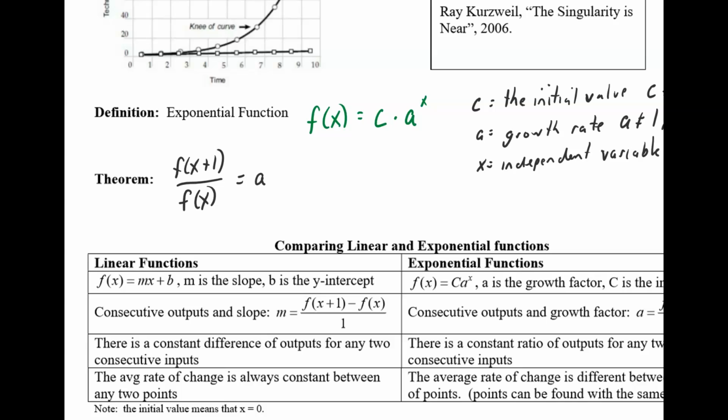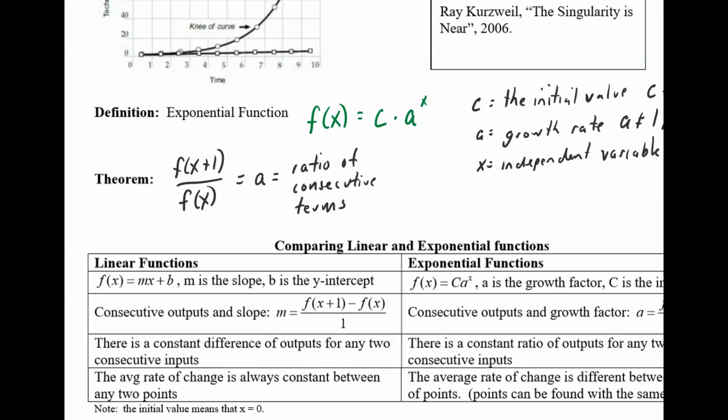So that's a. Another way of saying this is the ratio of consecutive terms. And another way of saying f of x plus 1 over f of x equals a is to say that a term is equal to the growth factor times the previous term.